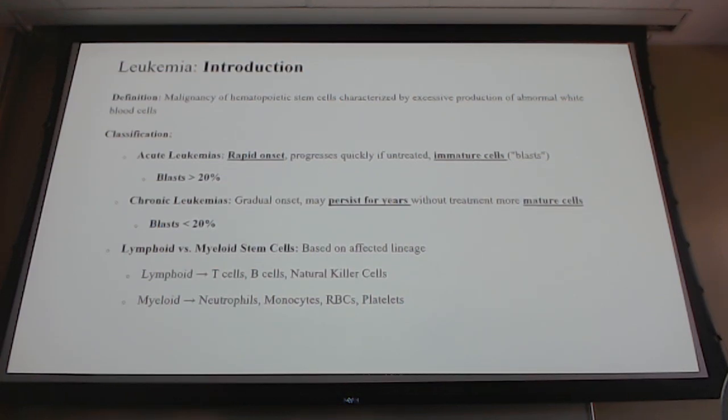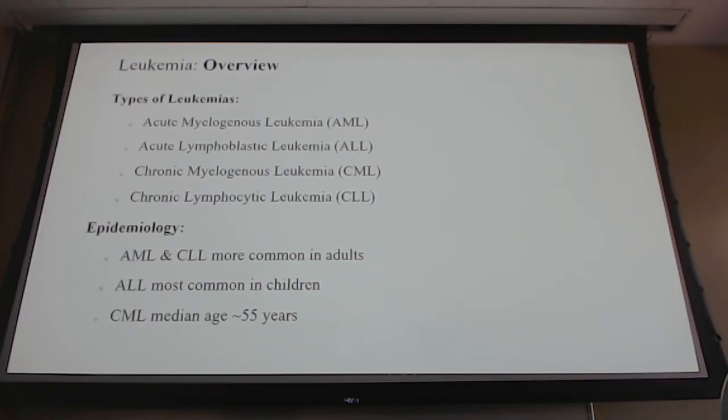If I say chronic, it's going to be gradual onset. This may have been going on for years, and it's going to be mature cells. Understanding lymphoid versus myeloid makes breaking this down a lot easier. There are 4 main types that we're going to talk about: AML, ALL, CML, and CLL.